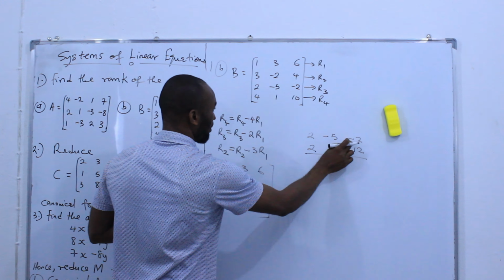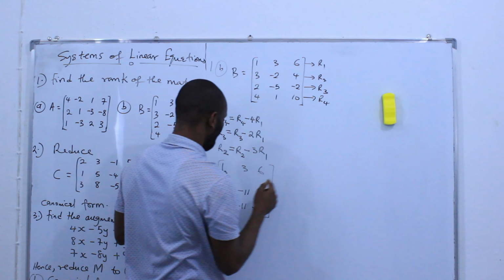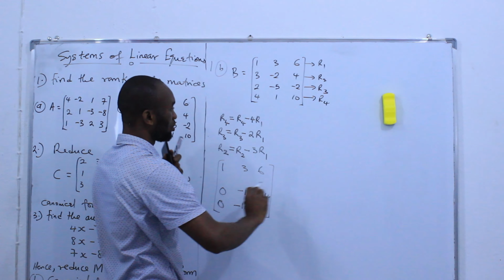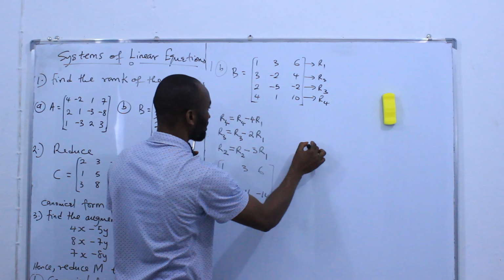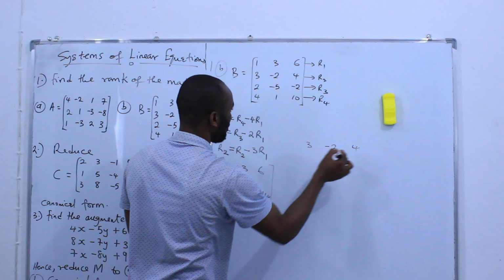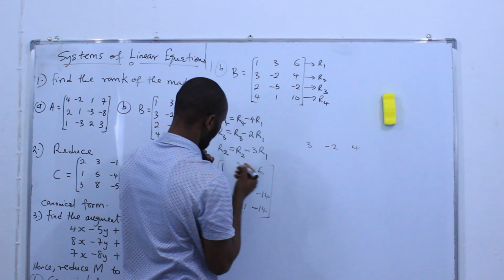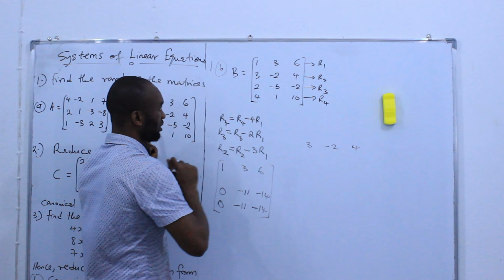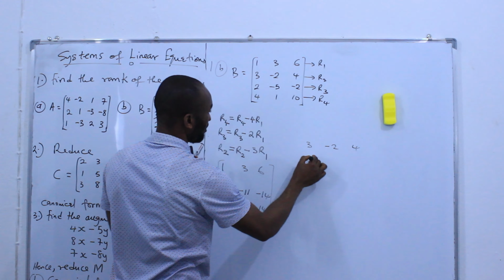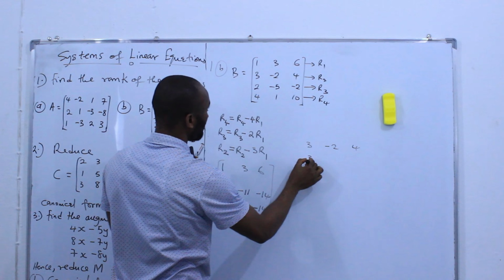Then the second row, we have R2, which is 3, minus 2, 4. And then we have 3 R1, which is the one we are interested in. 3 R1 is 3 here, 9 here, 18 here.